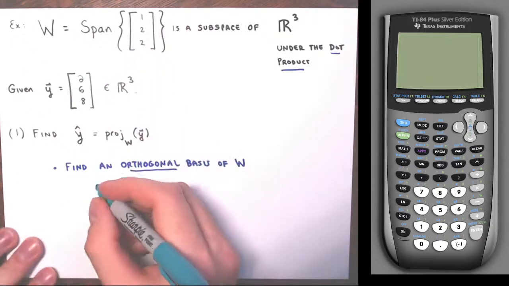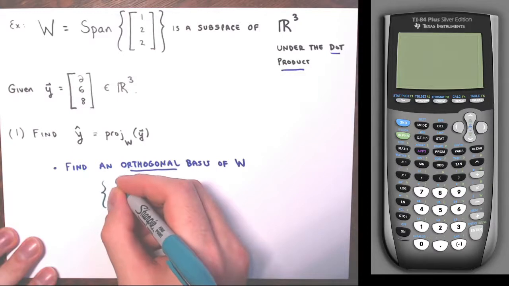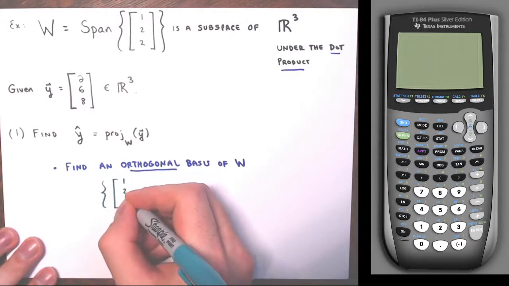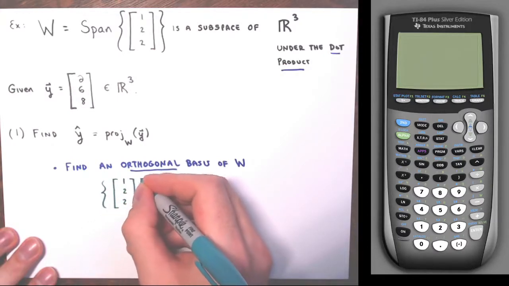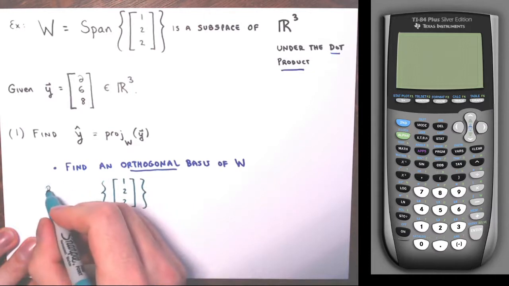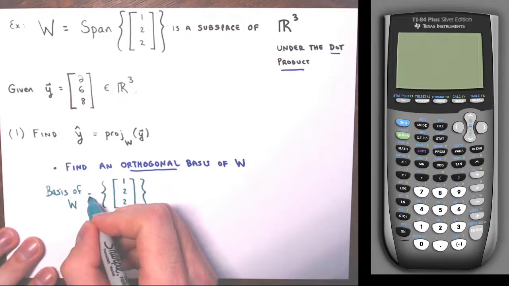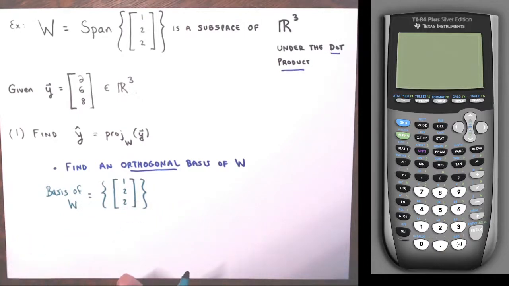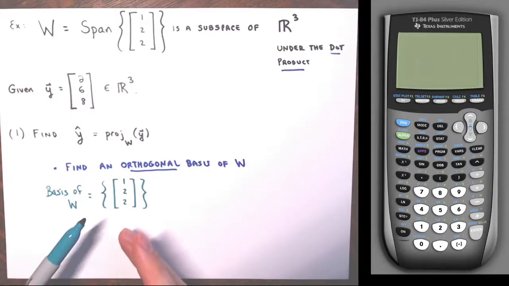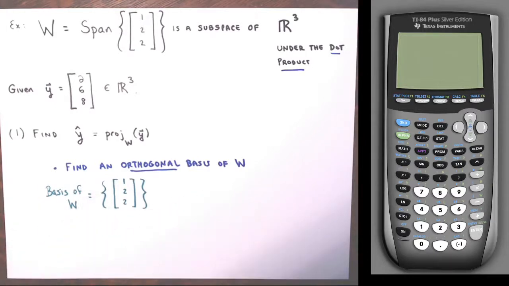The set with the vector 1, 2, 2 is a basis for W. This is a basis for the vector space W. And just as with the last example, it's only got a single vector in it. So we could declare that it is an orthogonal basis, because there are no pairs of vectors to check.